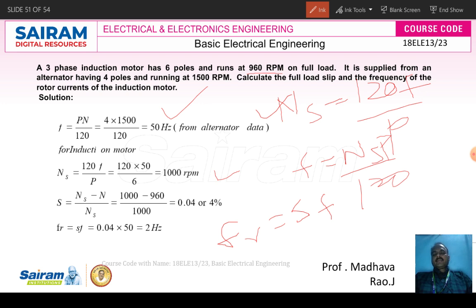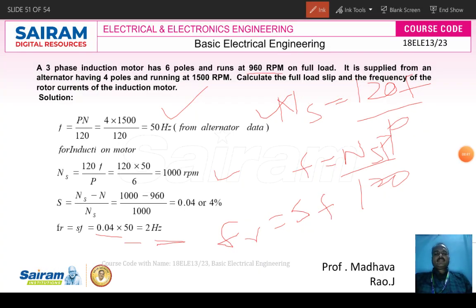And the frequency of the rotor, Fr, is equal to S into F. S is 0.04 and the frequency is 50, so that is 2 Hz. So this is about the full load slip and the frequency of the rotor.